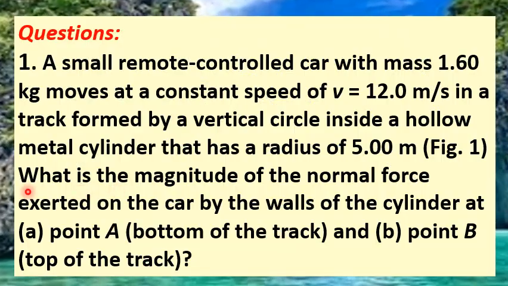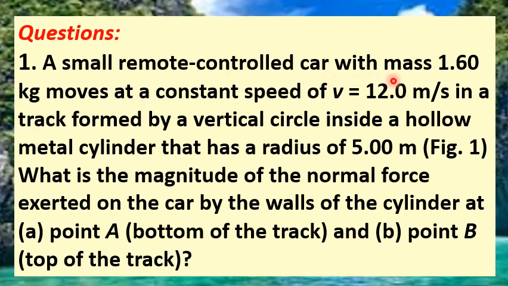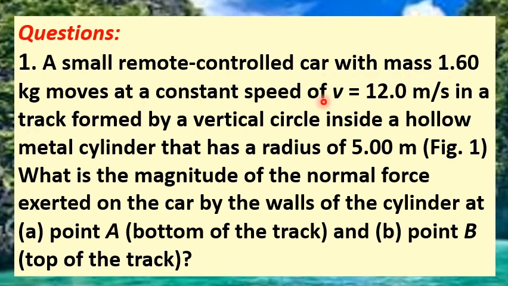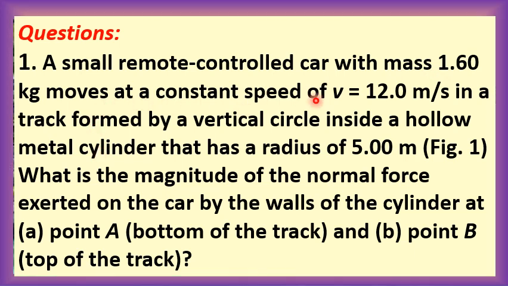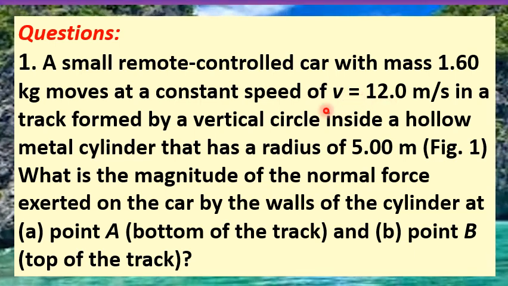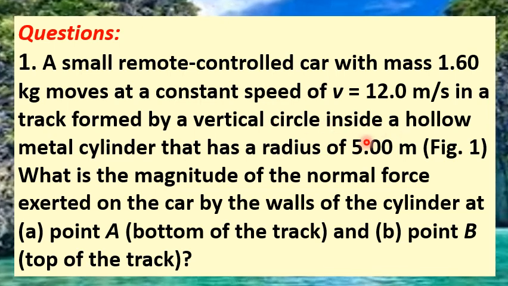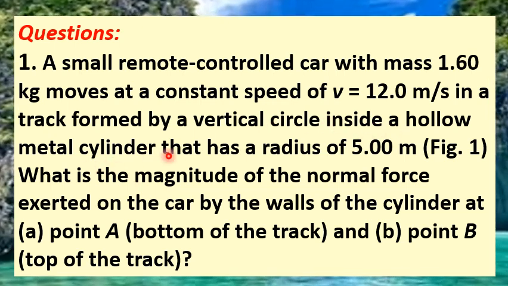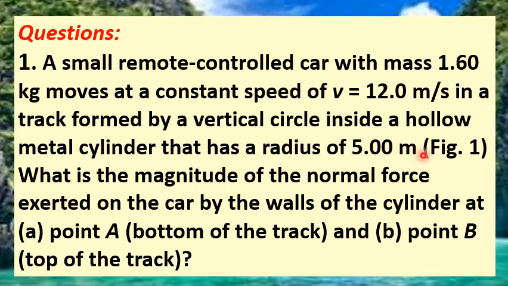Question number 1. A small remote-controlled car with mass 1.60 kg moves at a constant speed of 12.0 meters per second in a track formed by a vertical circle inside a hollow metal cylinder that has a radius of 5.00 meters.